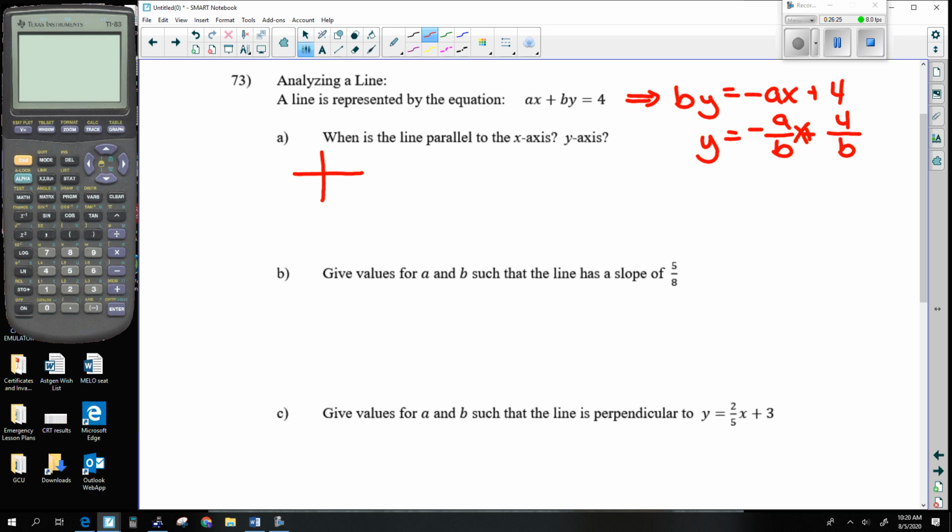Parallel to the x-axis would be y is equal to some number, and that would imply that a is equal to 0. That's the only stipulation, and b cannot be equal to 0, I guess.